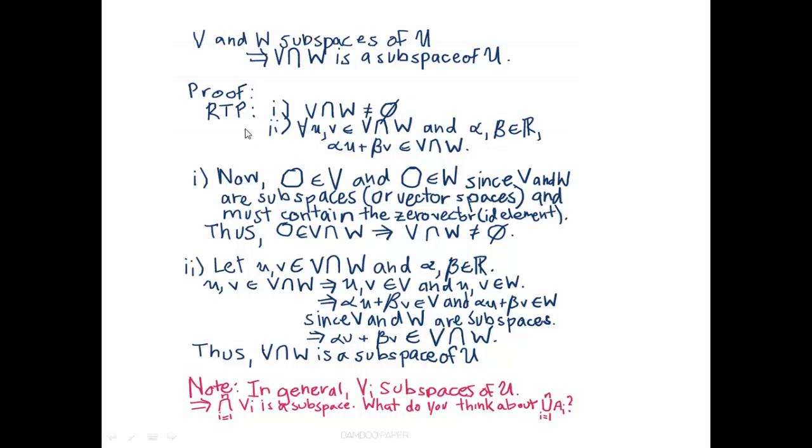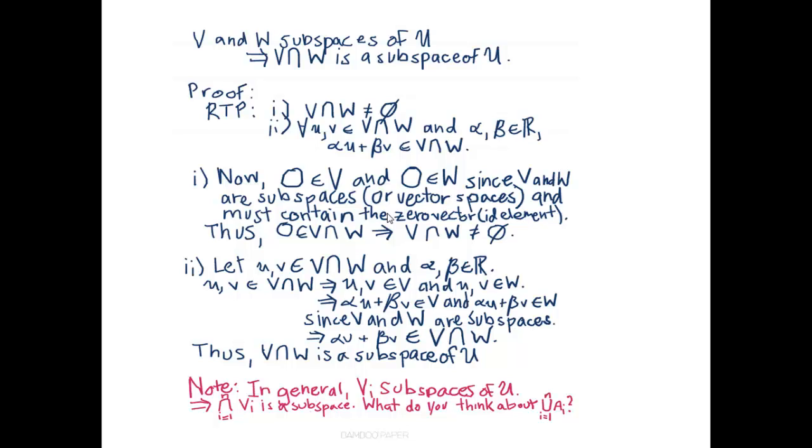Number one, the zero vector is in W and the zero vector is in V, since both V and W are subspaces, or as a matter of fact, vector spaces. So they have to contain the zero vector, and the zero vector is the identity element.